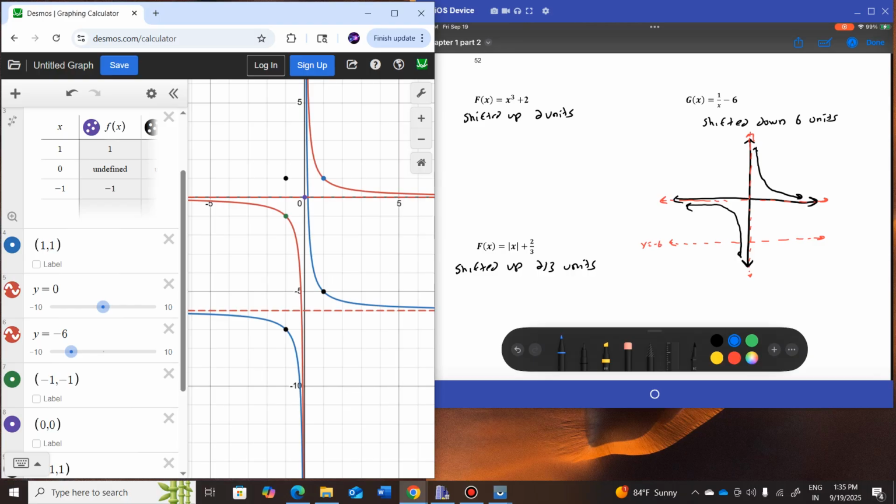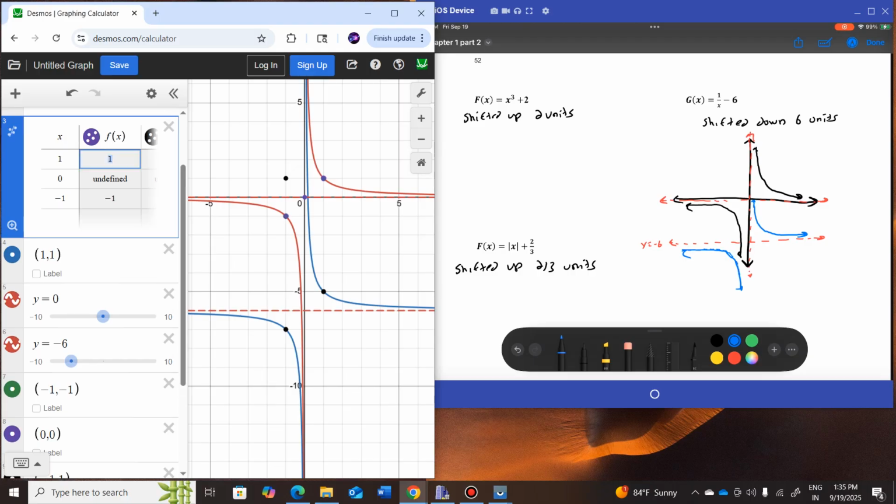And so now the graph looks like this. I will make that dotted. And all those points move down as well. 1, 1 goes to 1, -5, and -1, 1 goes to -1, -7. Right, so those points move down.